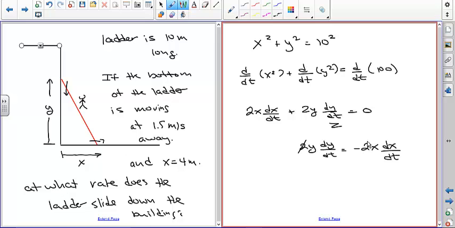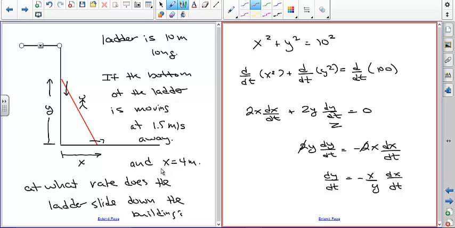You can divide by 2 and then divide by y, and you get dy dt is equal to negative x over y times dx dt. So that's the relationship that relates the rate of change in y to the rate of change of x with respect to time.